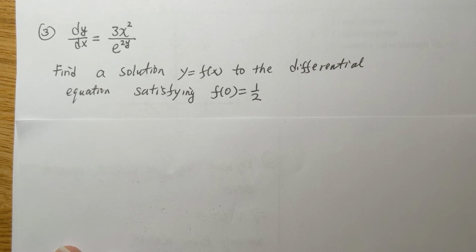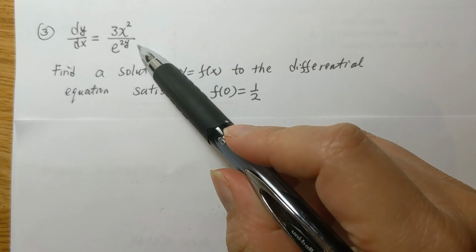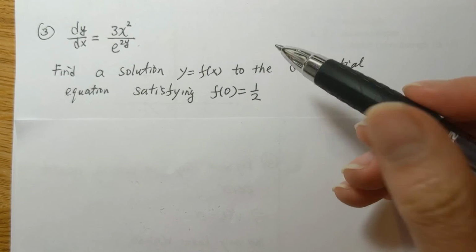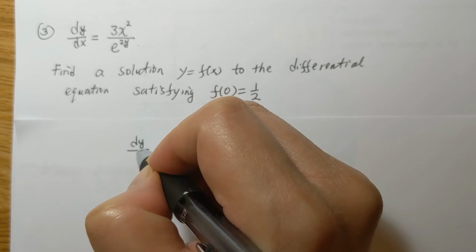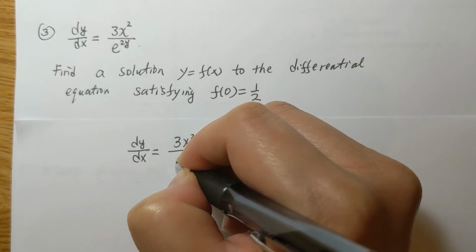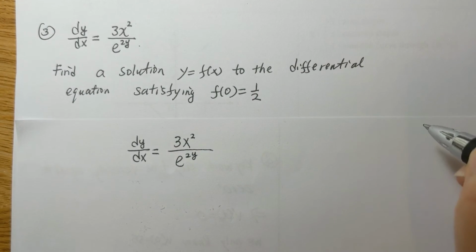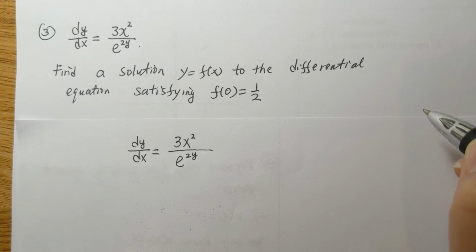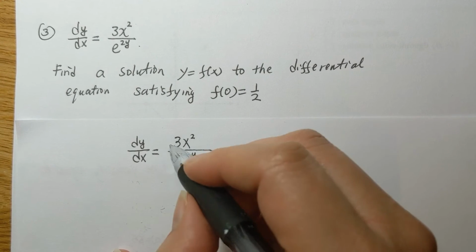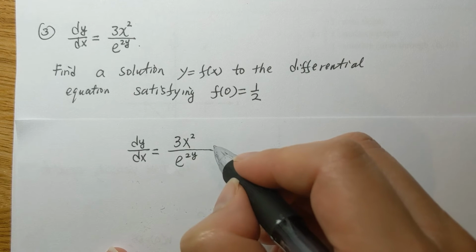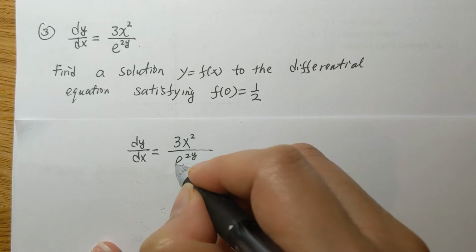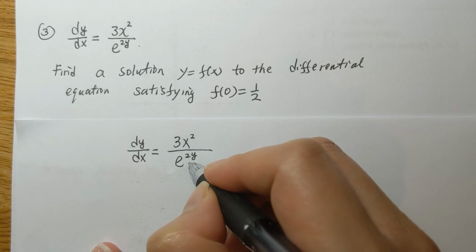Question number 3, we have to find a solution to this differential equation, and the initial condition is f of 0 equal to half. So you got dy dx equal. So now we are going to multiply the dx to the side, or cross multiply, however you see it, because you have e to the 2y over here.